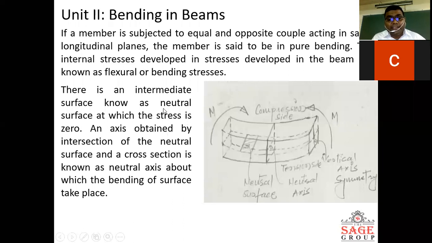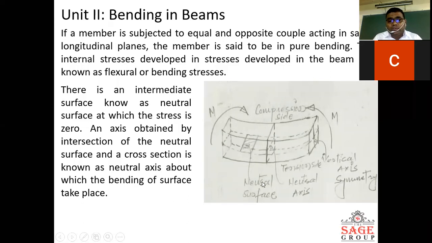There is an intermediate surface known as the neutral surface. You can see that this whole surface, this dotted line, makes a surface, the intermediate one. You can move along this plane to this side and that side as well. This whole surface is called the neutral surface.